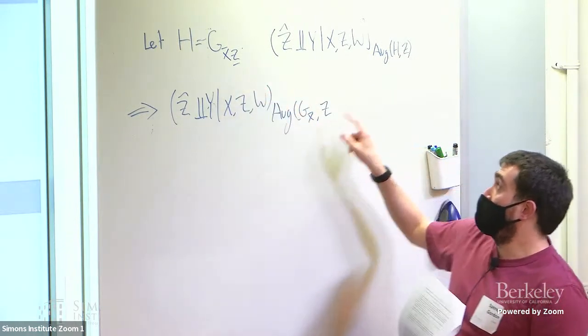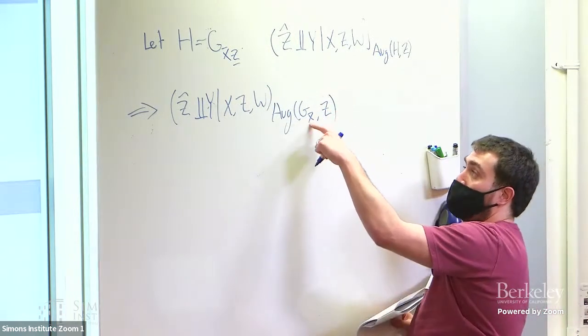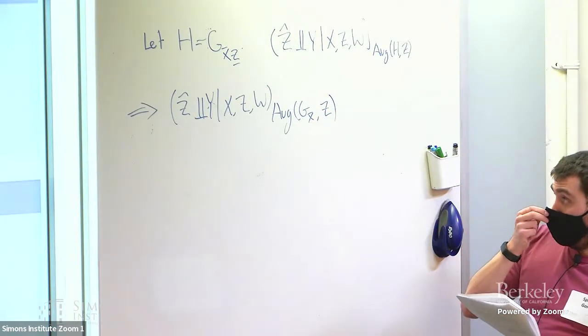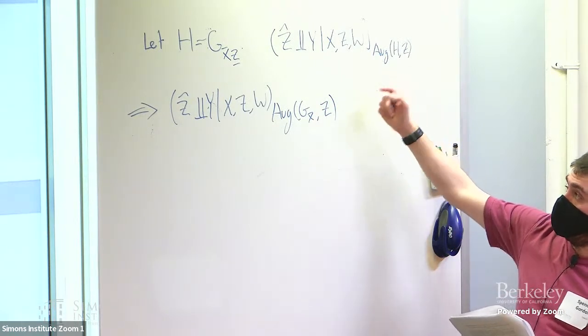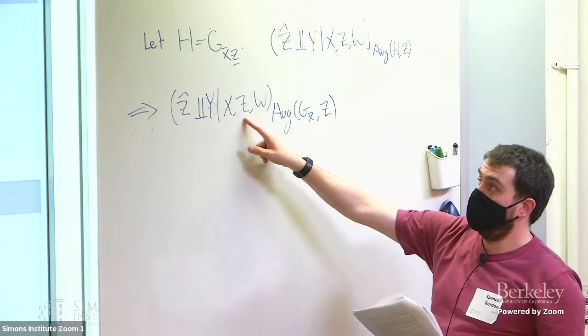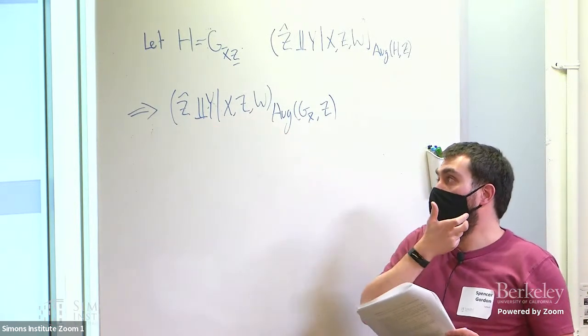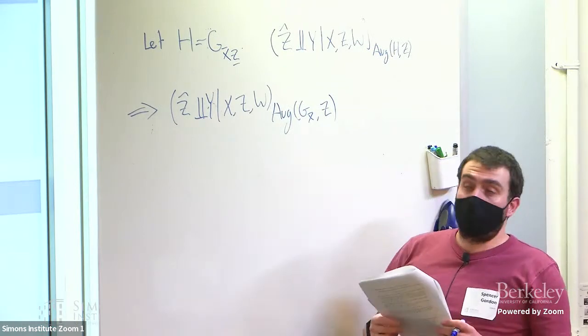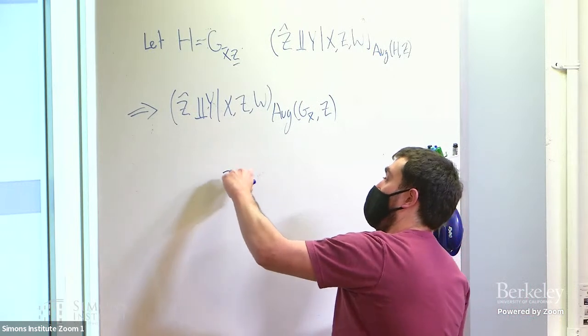So I'm replacing H here with the augmentation of the graph where we haven't removed the children of Z. And the reason for this is once we're conditioning on Z, there are two types of paths from Z hat, right?